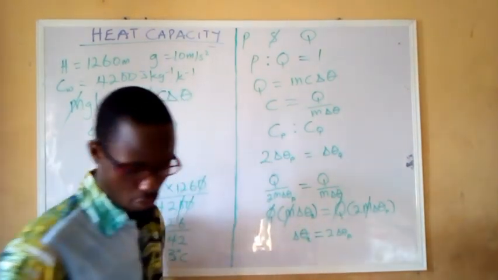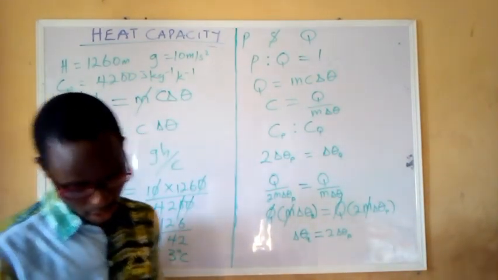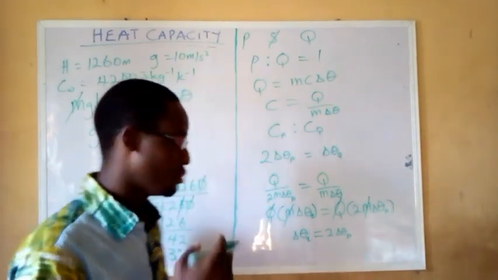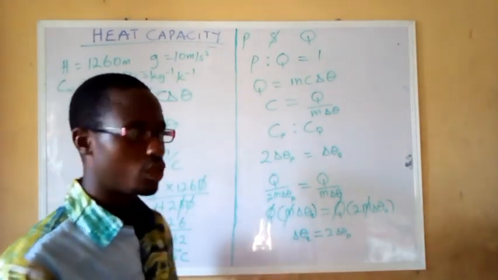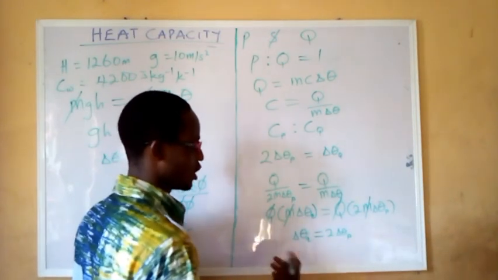So the ratio of both, anyway, we are meant to find the ratio of specific heat capacity of P to Q. P to Q, so that means P comes first, then Q follows.